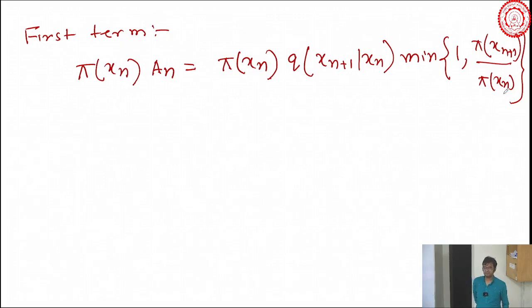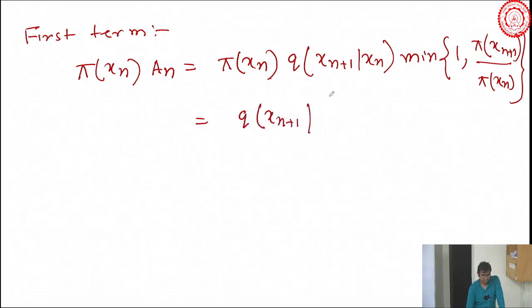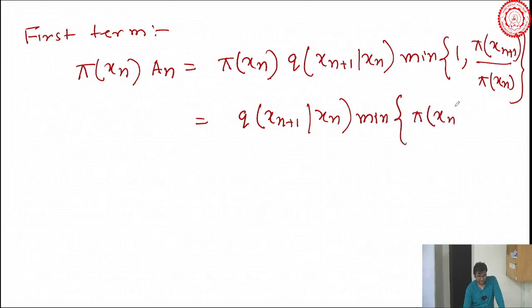What I will do is very simple. The pi xn at the beginning, I'll push it inside the bracket of minimum, right? So what will happen if I push this term inside? Minimum of pi of xn comma pi xn plus 1, the first algorithm I wrote. This is equal to q xn times minimum of pi xn comma pi xn plus 1.